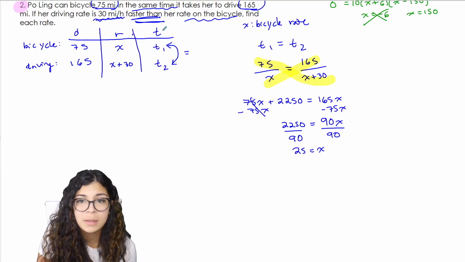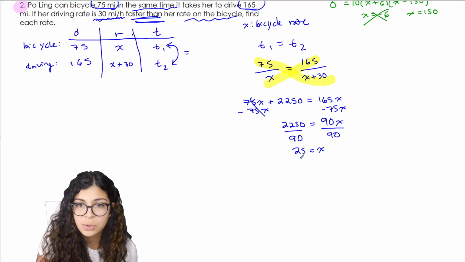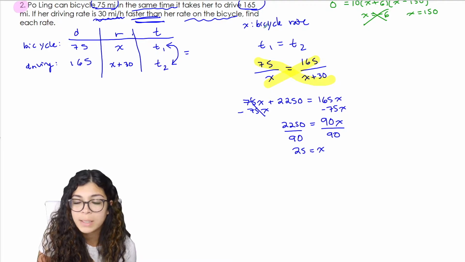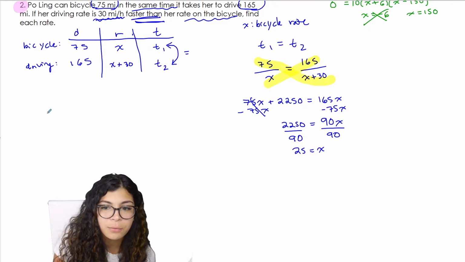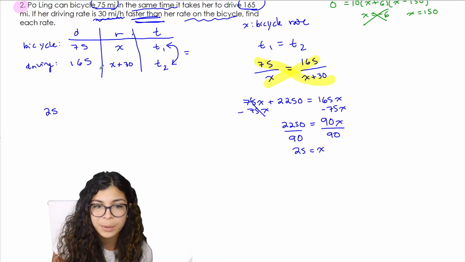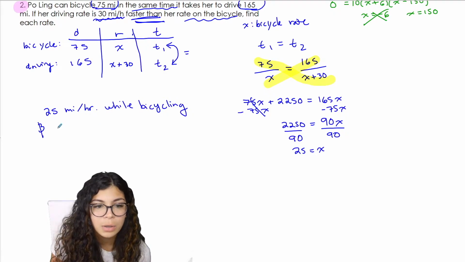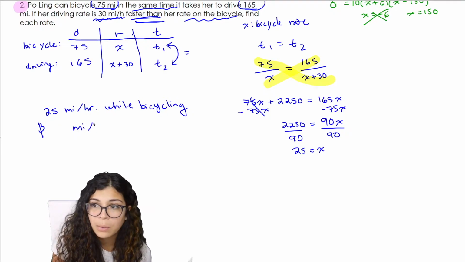Now, what's the question? The question is, find each rate. I just found x. What does x represent? X represents the bicycle rate. So this is the rate for bicycling. So she's going 25 miles per hour while bicycling, and going how many miles per hour while driving.